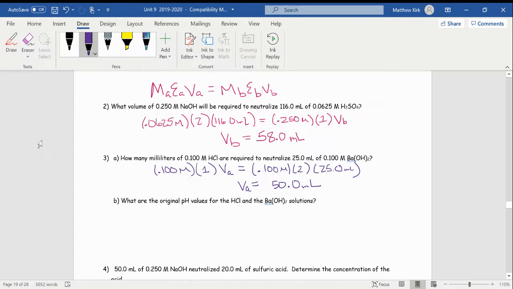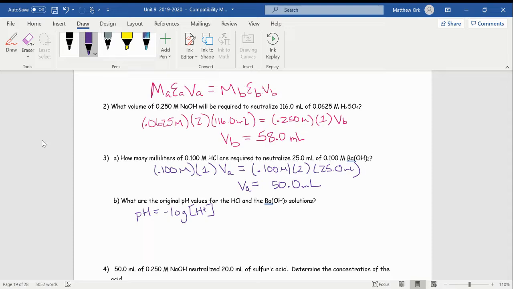Then to finish, this is probably the last thing I'll go over here, original pH values for the HCl and Ba(OH)2 solutions. This is something that some of us struggled with on pages 10 and 11 and even page 9, original pH values. So we know to find pH, pH can be found a number of ways, but the easiest way is to take the negative log of our H plus concentration.